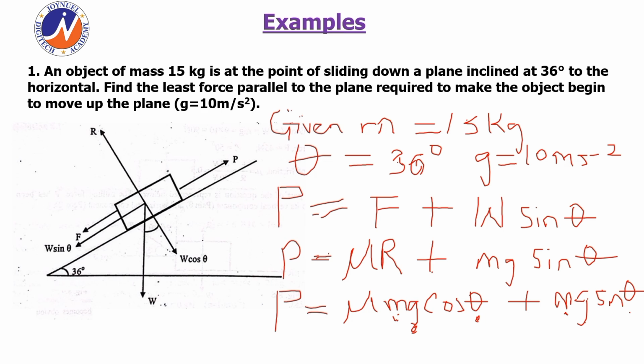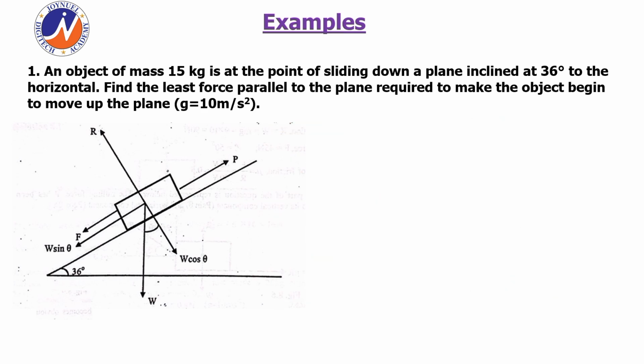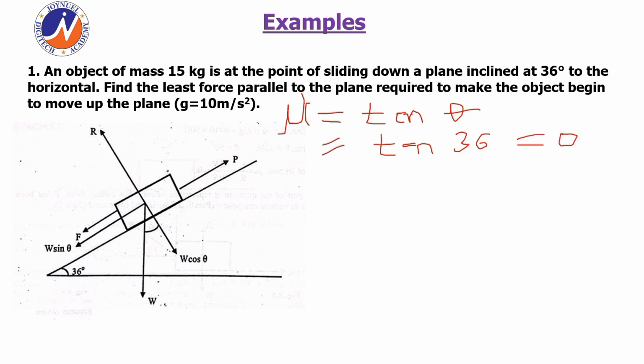So the next thing is for us to calculate mu. We use the formula that mu is equal to tan theta. So let's get mu. That will give us tan 36 degrees, which will give us 0.73.